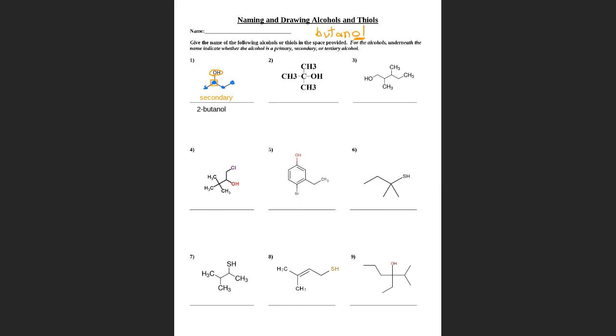Okay, let's look at the next one. In this case, what's the longest carbon chain? How long is the longest carbon chain? 3? 3. And you could actually do this a number of different ways if you wanted to. You could go straight up. You could go up into the side.